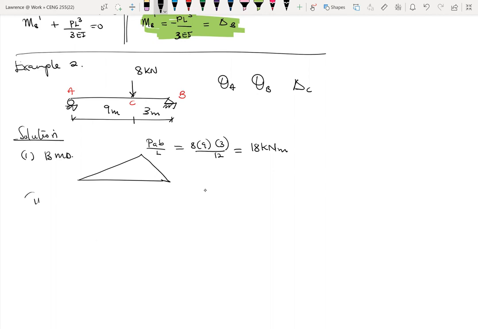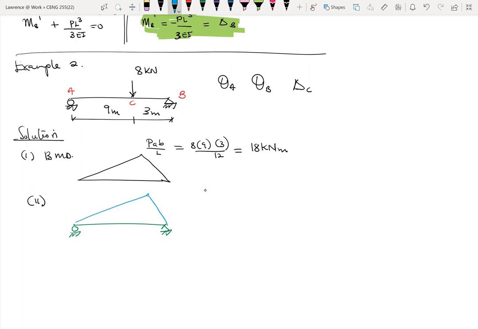And for the second one, I draw my conjugate beam. My conjugate beam will look pretty much the same. Let me change the color so that it looks different. So they are the same. Then I load my conjugate beam with my bending moment diagram.